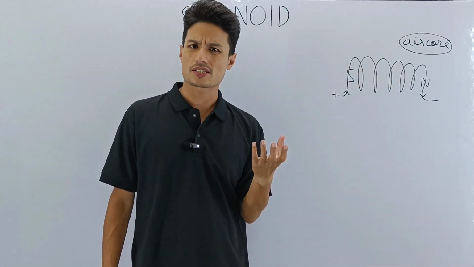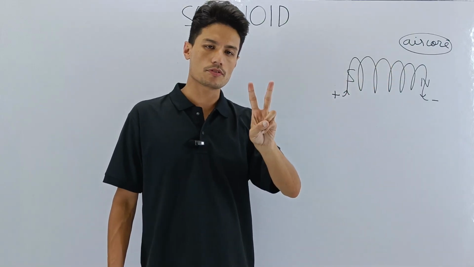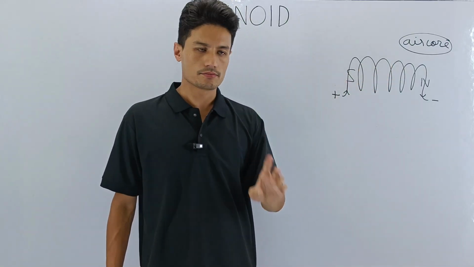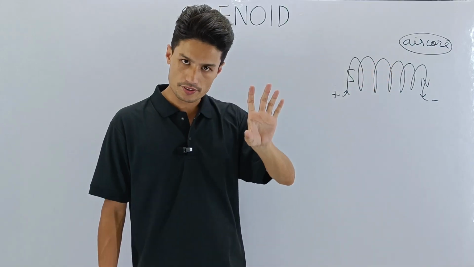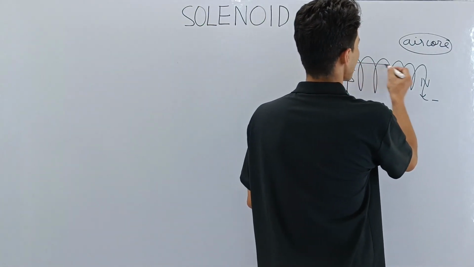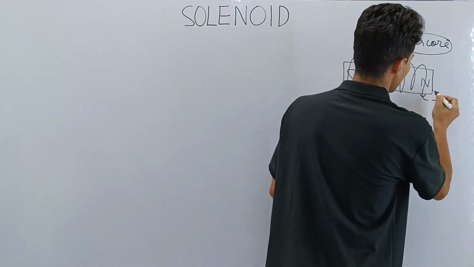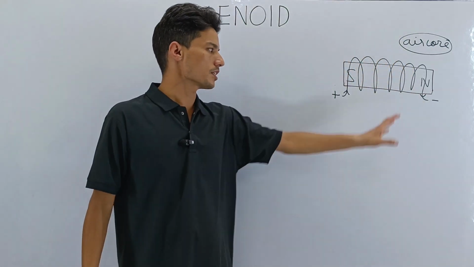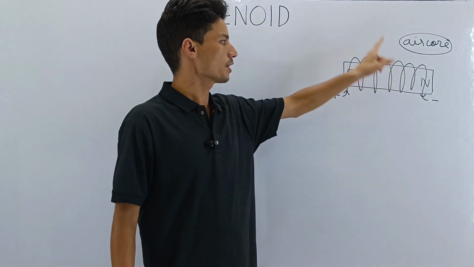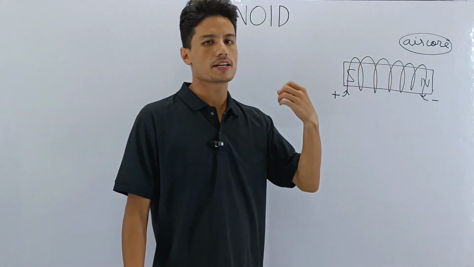Now what we do is we change the nature of the core. How do we change the nature of the core? By inserting two types of iron. We can either insert a hard iron or we can insert a soft iron. So anyhow, we are inserting an object, and this is our discussion today. I have just inserted an iron. It can be a soft iron, it can be a hard iron.